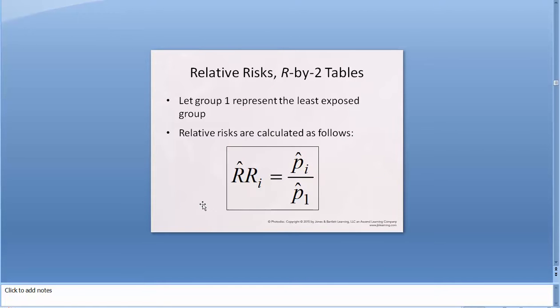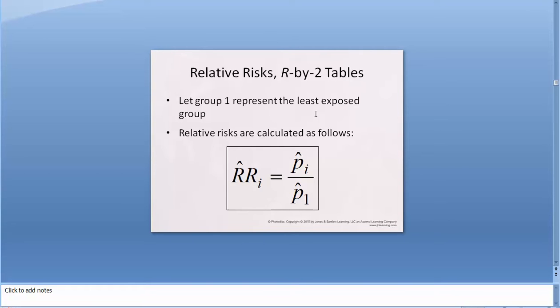Okay, so now relative risk. Relative risk is something where you compare different exposure levels. If you want to find the relative risk for the ith group or the ith level, you will divide its prevalence by the prevalence of the least exposed group.